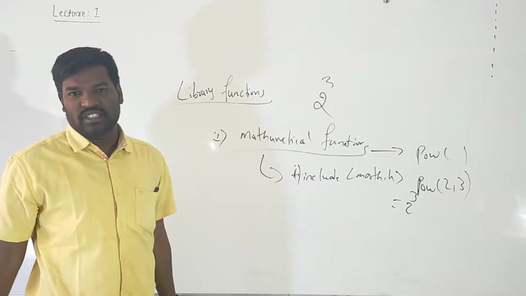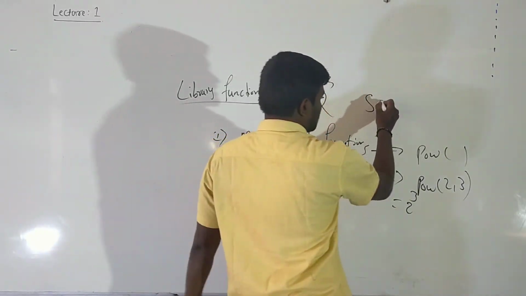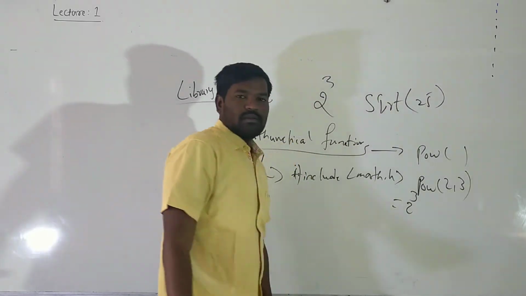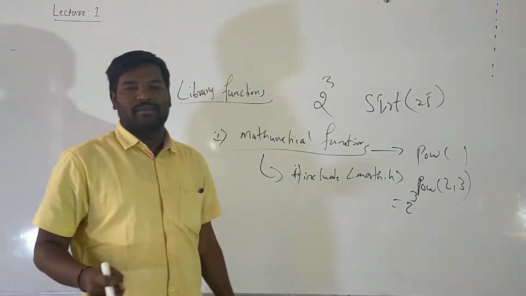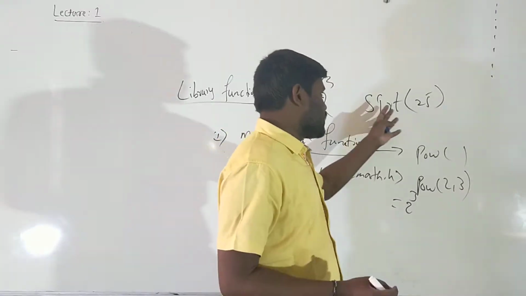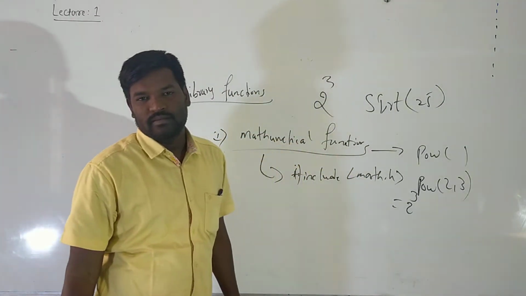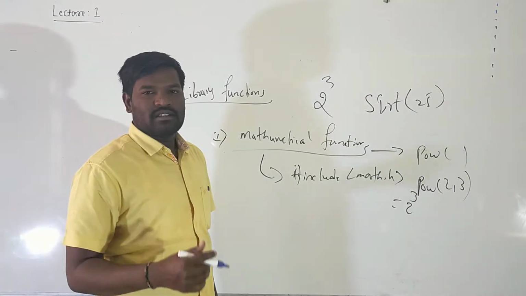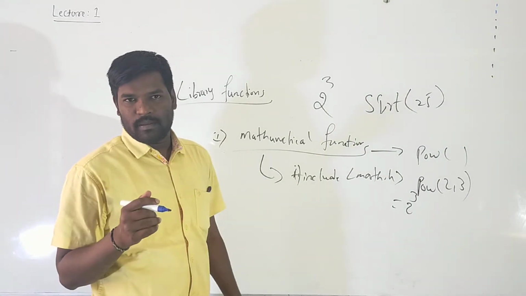The second one is sqrt. If you want to find the square root of any number, we can use sqrt. Here sqrt of 25 is 5. In the same way, we can use the sine, cos and trigonometric functions.